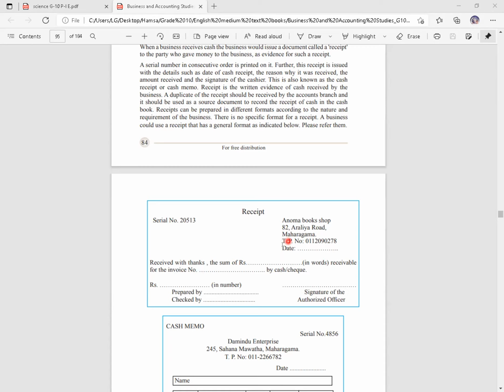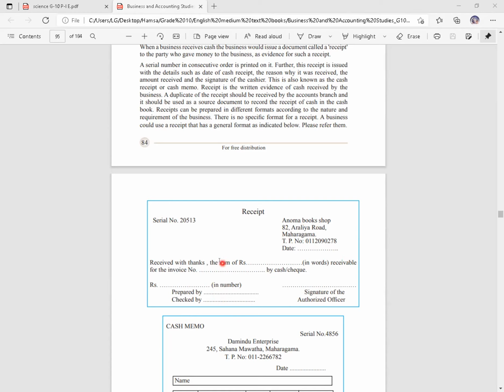The formats might change, but these details should be there: serial number, date, address, signature, and amount. All this should be mentioned in the receipt, but the formats might change.